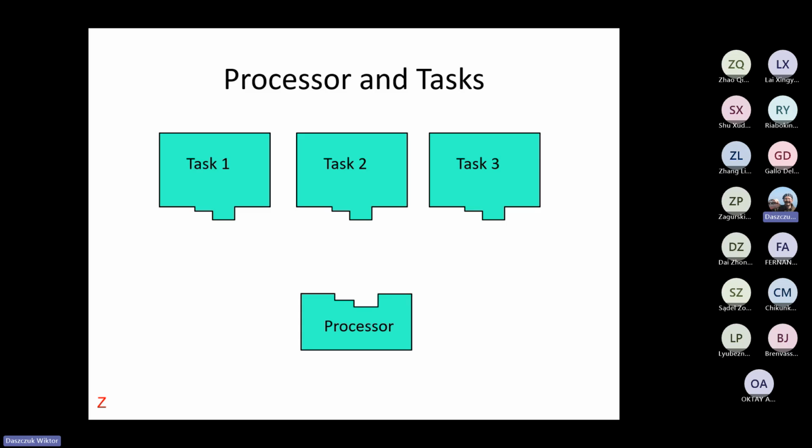We can imagine that we have a number of tasks. A task is used as a common name for processes and threads. Some operating systems are based on threads, some on processes. So to specify that we talk about something that runs parallel with others, we call it a task, and such a name is used in the literature. So we have 3 tasks, and every task has its own set of registers. This is a set of registers, but not physical registers.